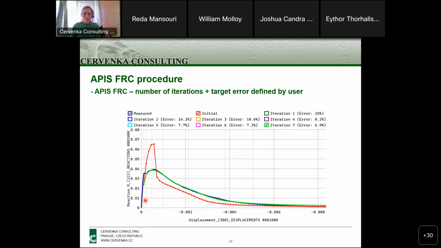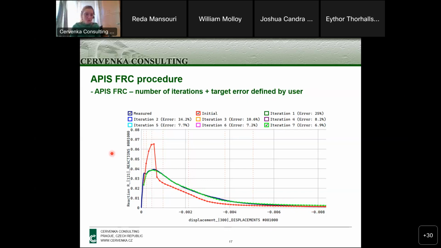So here is one of the examples when you run the APIS module, that you have the measured LD diagram from the experiment. The red one is the initial simulation of ATENA, and as you are iterating, you are optimizing the material model, you are getting closer to the experimental LD diagram.